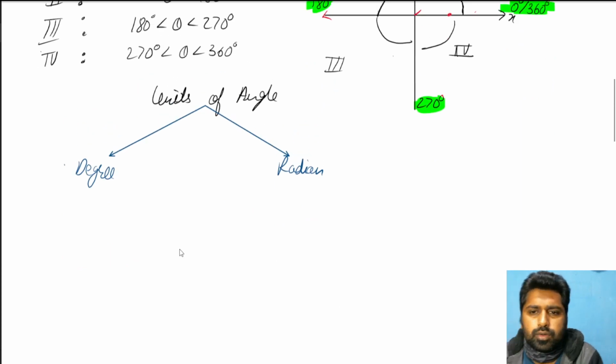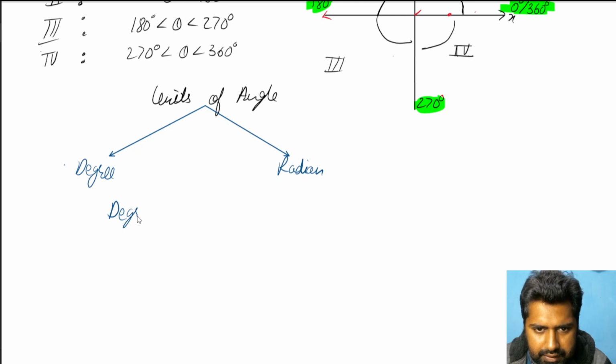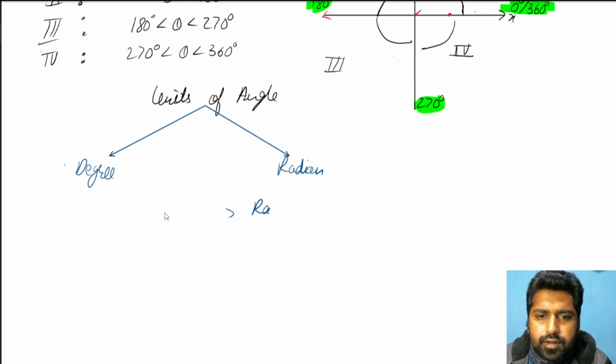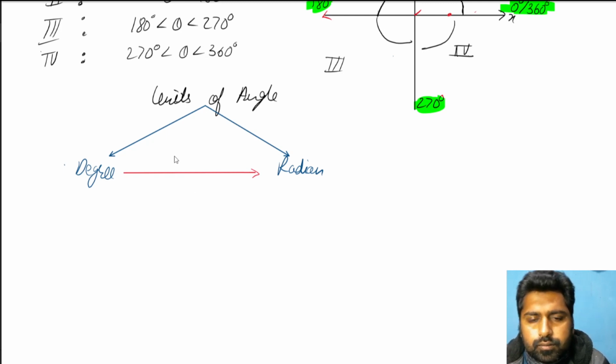So let's see how the conversion works. Suppose I have to convert degree to radian. I'll just use an arrow. So for converting degree to radian, we will multiply with pi by 180 degree.